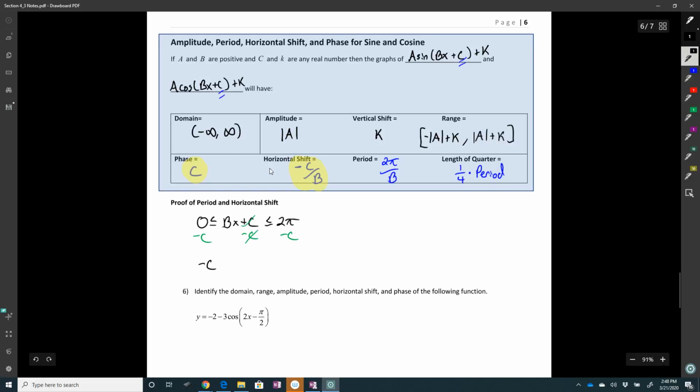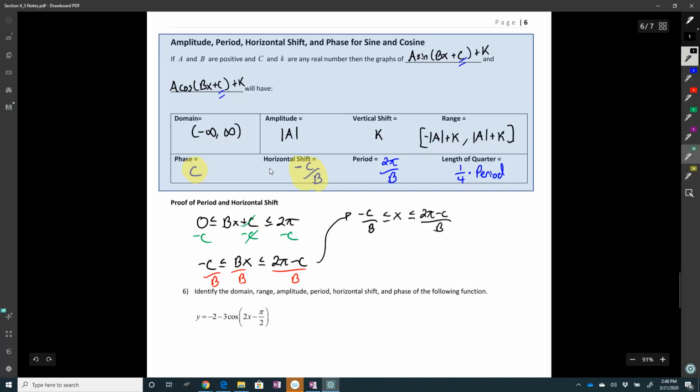We get negative c less than or equal to bx less than or equal to 2 pi minus c. And then you would divide by b. And you get negative c over b less than or equal to x less than or equal to 2 pi minus c over b.